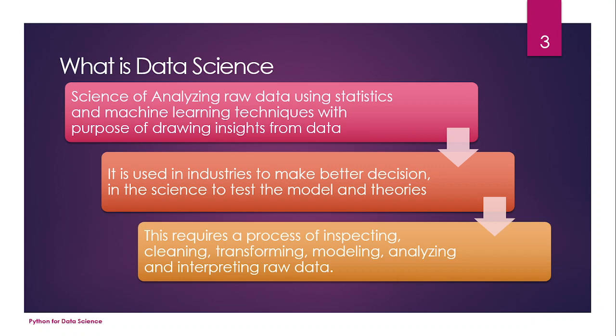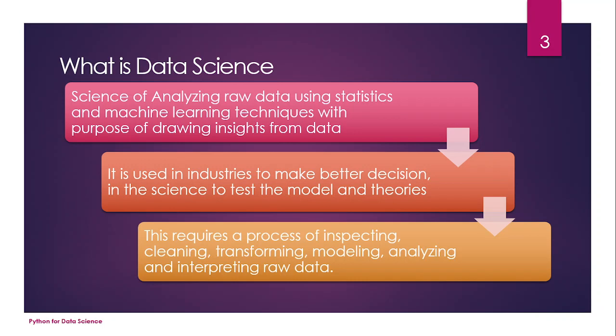Now what is actually data science? What do you mean by data science? Basically, you have a bunch of random raw data which is not ordered, and which normally has a lot of duplicacy in it, and it is not properly arranged and is completely raw.